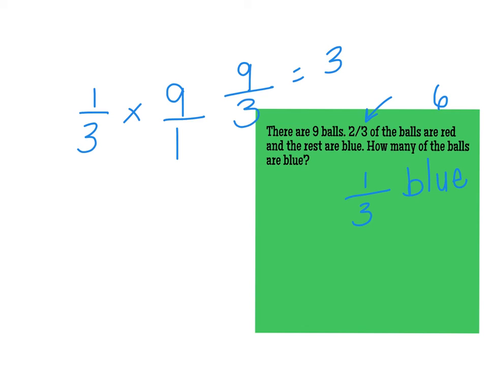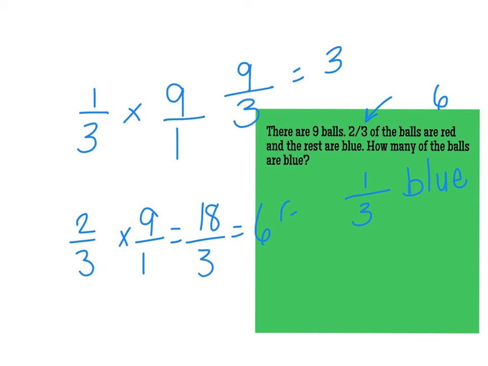Now I could have also found out that 2/3 were red, and we just did this on our last screen, but it'll only take a second. 18 divided by 3 is 6. If 6 of the 9 balls are red, then 3 are blue.